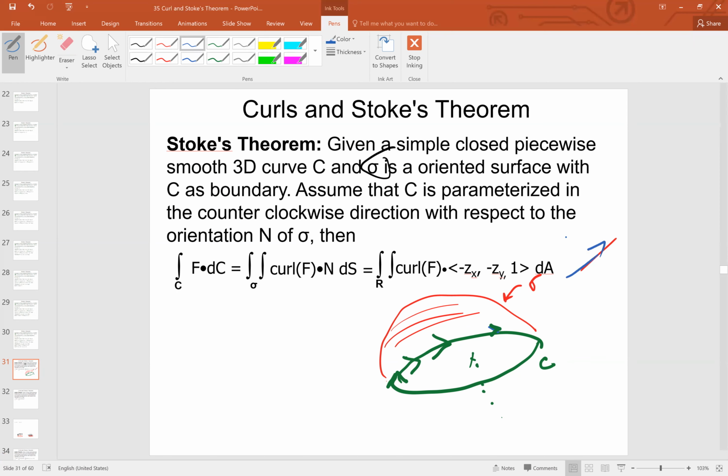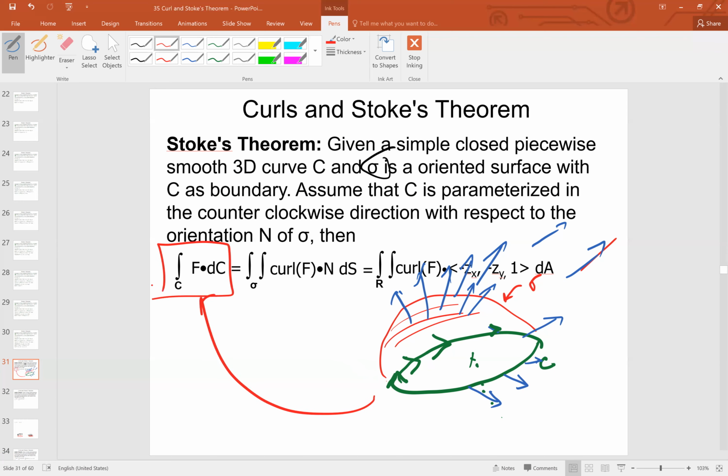I'm going to use blue to represent the vector field. The vector field can represent a flow, or it can also represent force in three-space on the boundary curve C. So we're going to calculate two things. First is the work done on the curve.